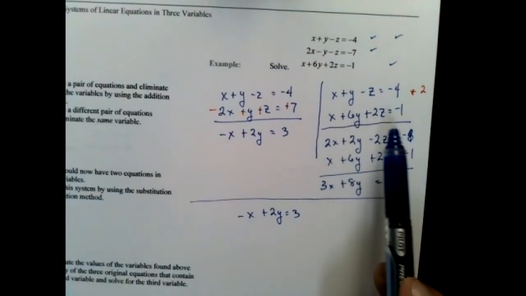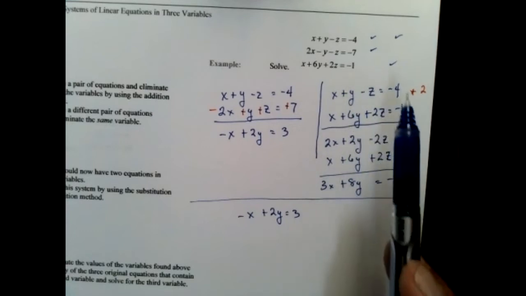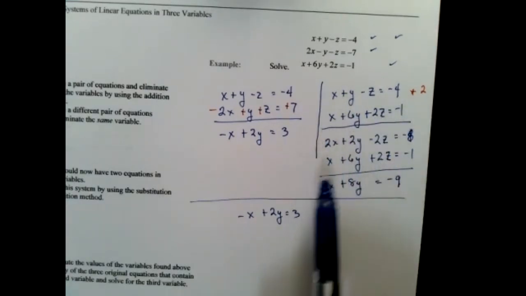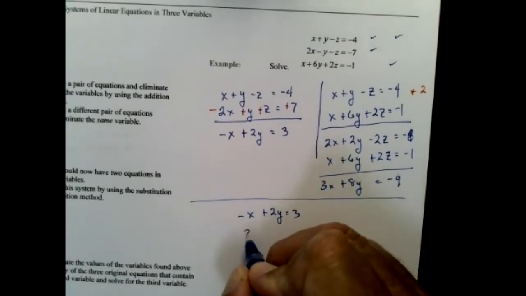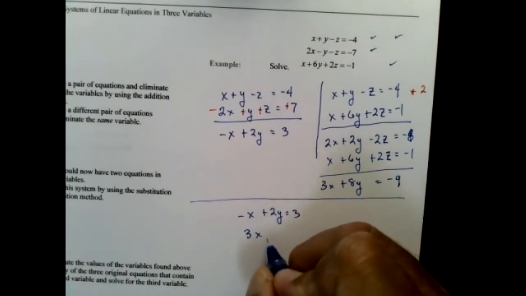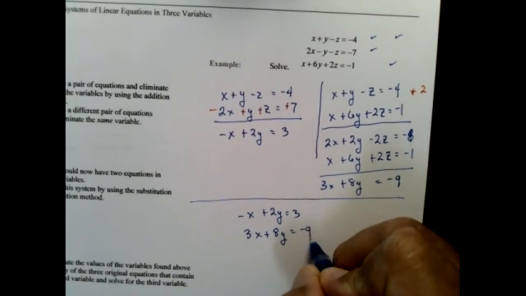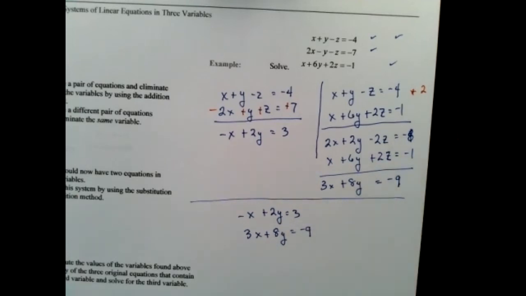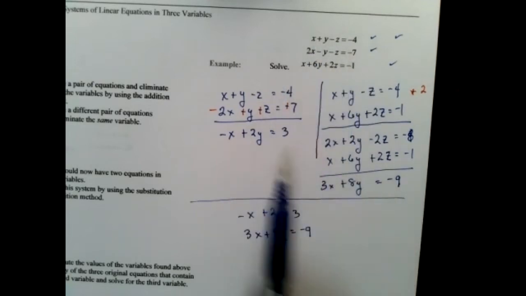X, 6y, 2z, negative 1. Multiplied by 2, 2x, 2y, negative 2z. X, 6y, 2z, negative 1. 3x, 8y, negative 9. I've accomplished my goal. I've taken 3 equations, 3 unknowns, and worked it down to 2 by 2.